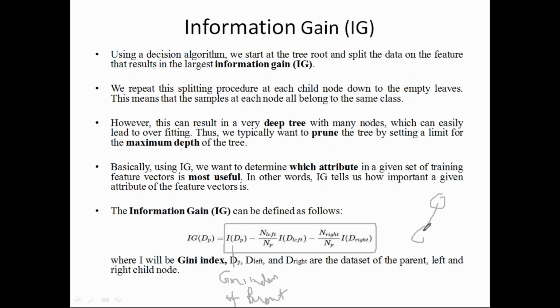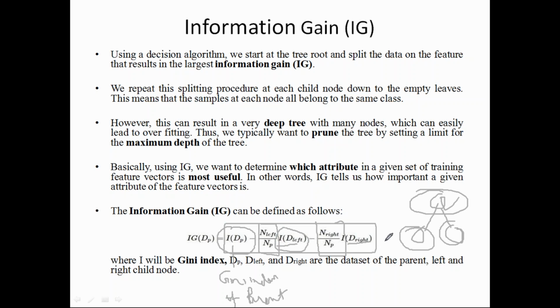Suppose this is how you are going to split. This is the Gini index of the parent node, this is the Gini index of the left node, and this is the Gini index of the right node. And this is the normalization term.